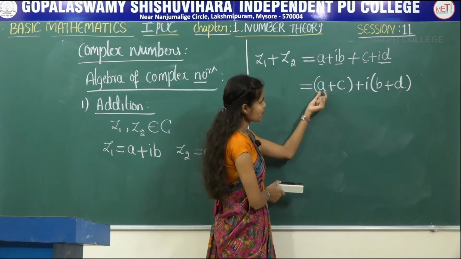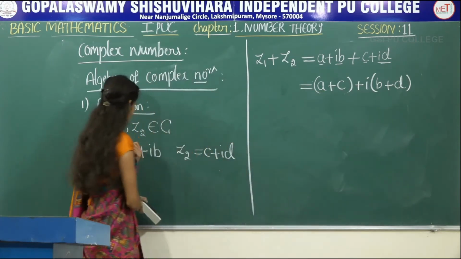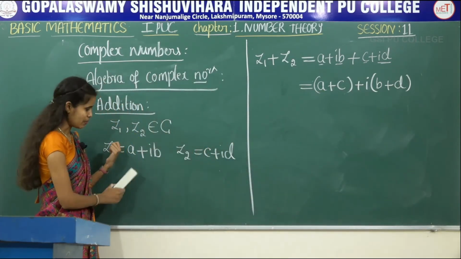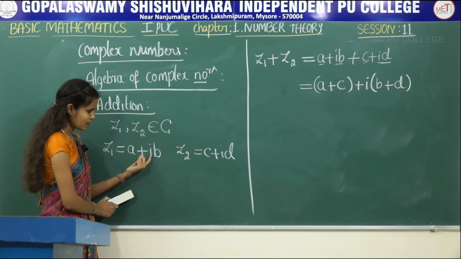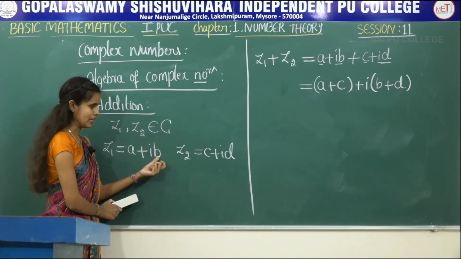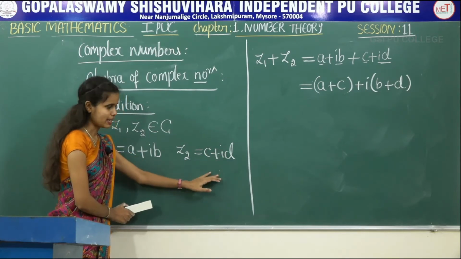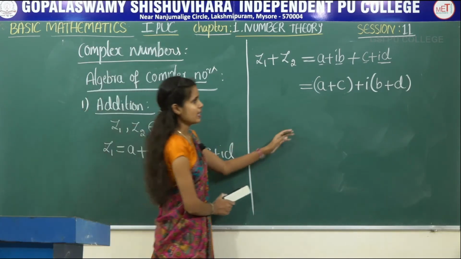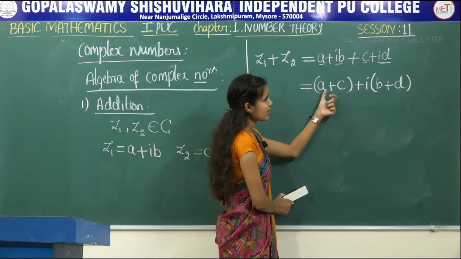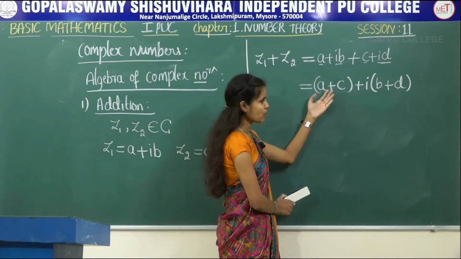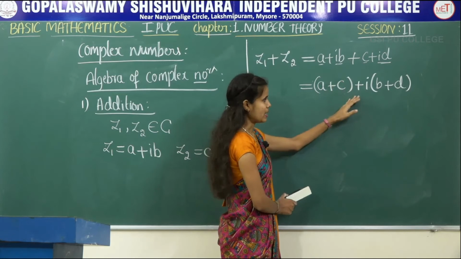Next here observe. Z1 is a complex number. Here a plus ib means a and b are real numbers. c plus i into d means c and d are also real numbers. a, b, c, d are real numbers. So a is a real number, c is a real number. Therefore a plus c is also a real number.